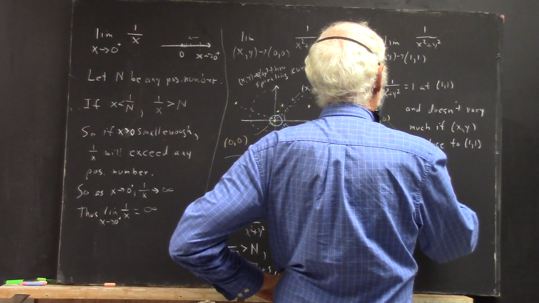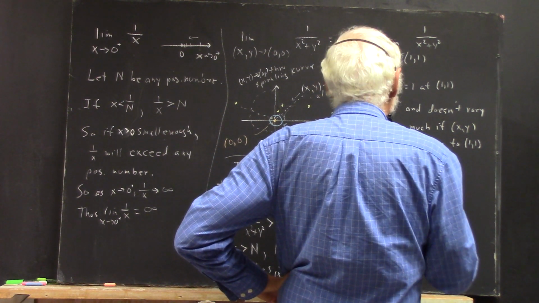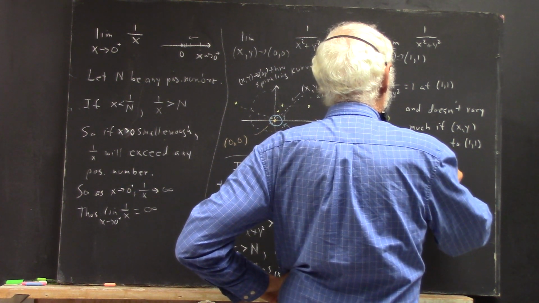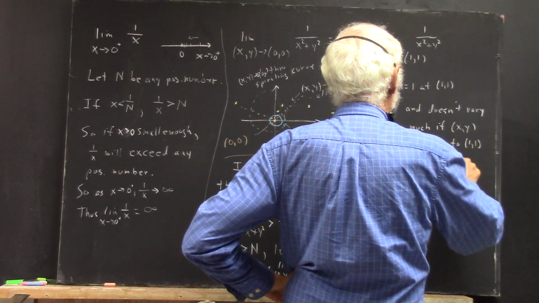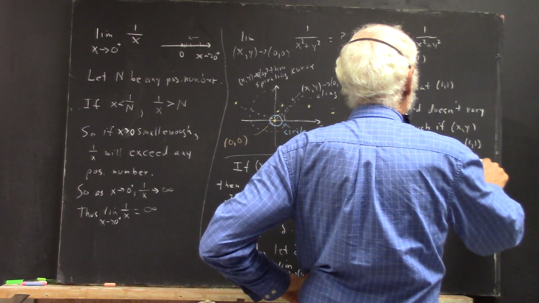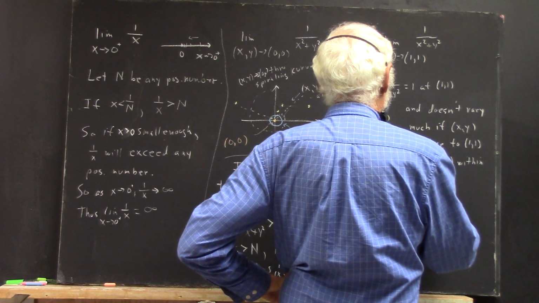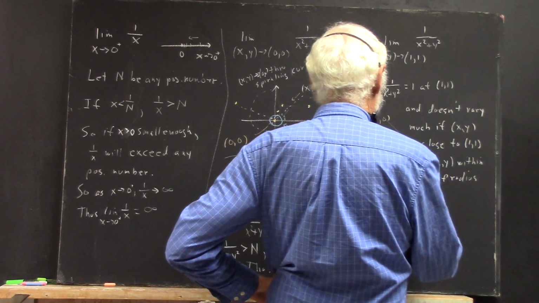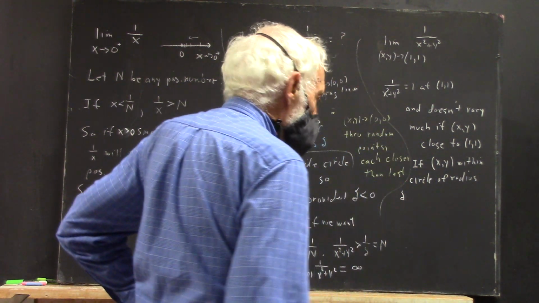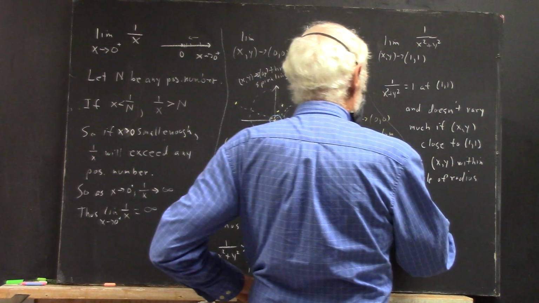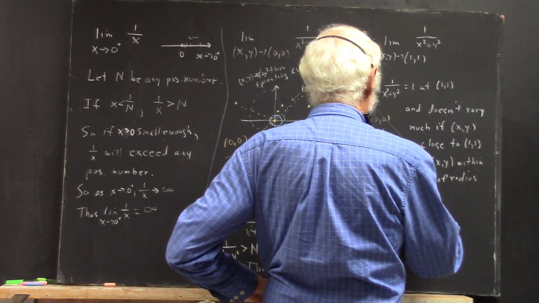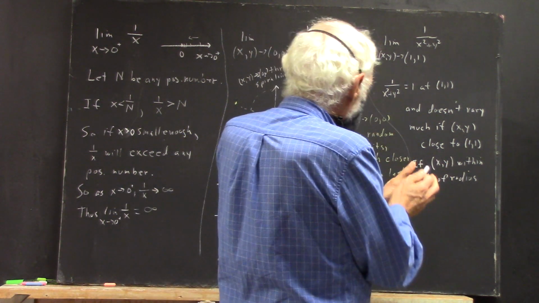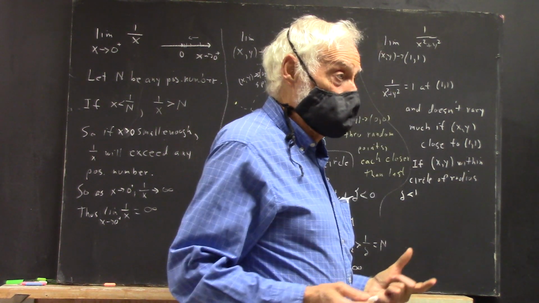Now, if xy is within a circle of radius delta, and we don't lose anything by assuming that delta is less than 1, because we're trying to restrict xy to be as close to 1, 1 as we want it to be.